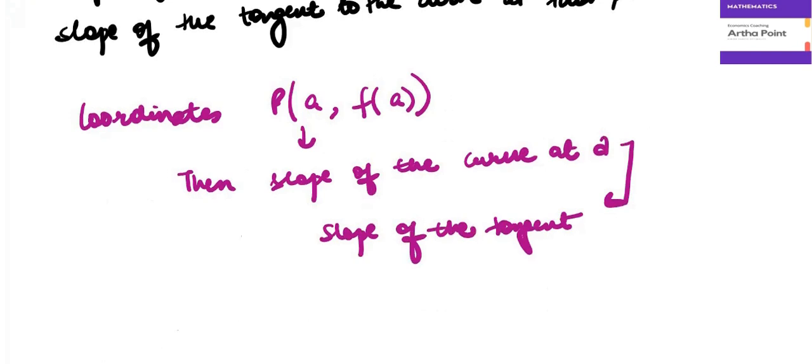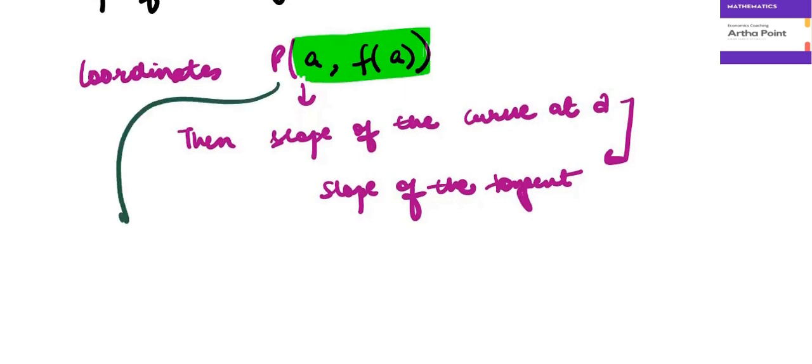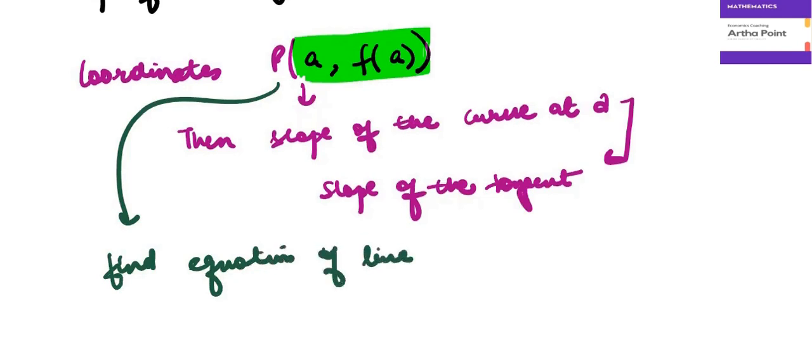Now, please tell me, if I give you a coordinate A comma f of A, can we find the equation of a line? Well, we can find the equation of a line if we know the slope of the line.